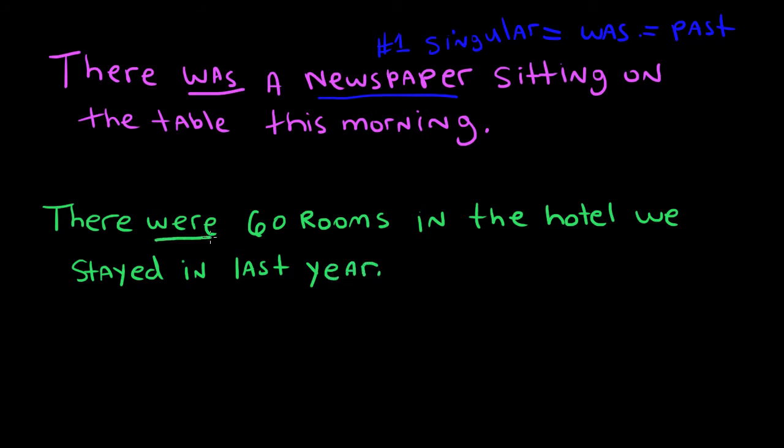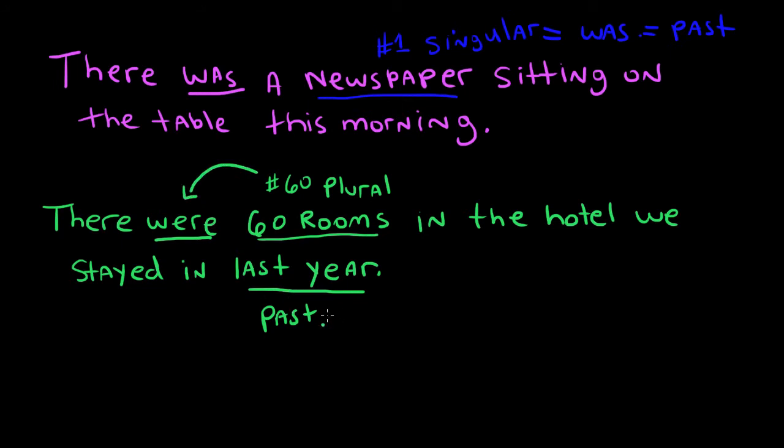So here we use were because we talk about last year in the past, and 60 rooms is a number, 60, it's plural. So when we use plural, we use were, and last year talks about the past.